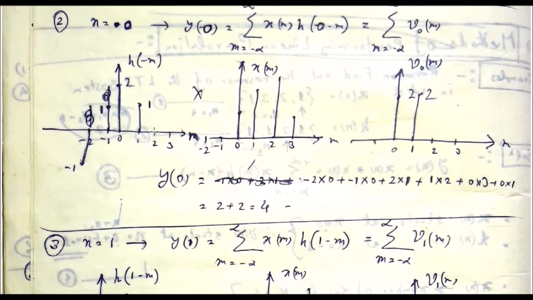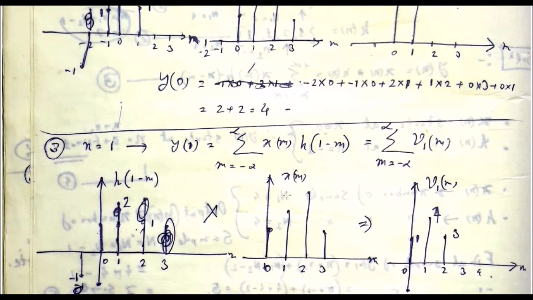Again for m equal to 2, 3, etc., this signal has the value but the other signal does not, so all of them will be 0. So these two overlapping time indexes have to be multiplied in amplitude. 2 multiplied by 1 gives 2, and 1 multiplied by 2 is again 2, so this value will be 4.